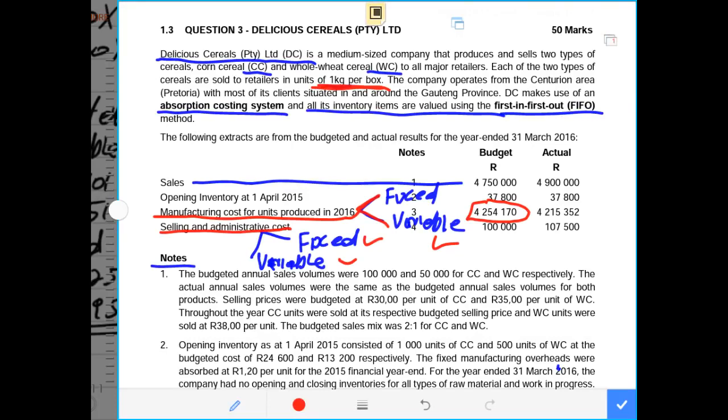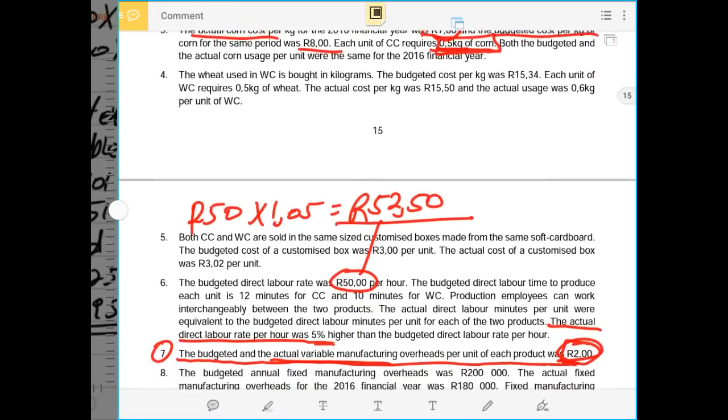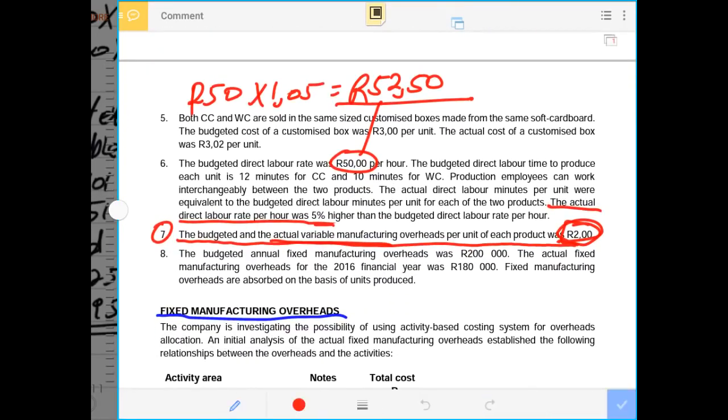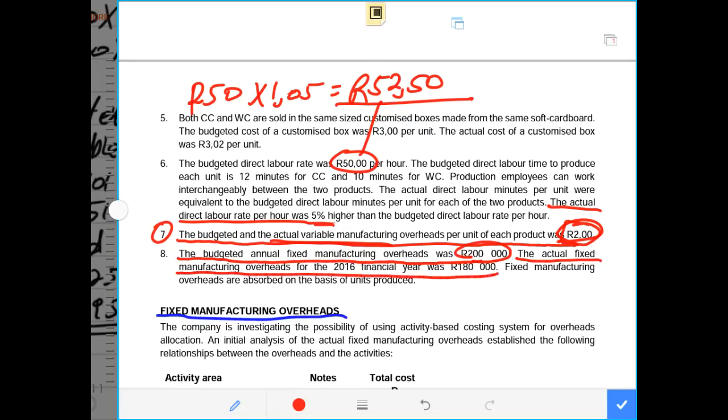So now I proceed to the next step to calculate my next information. I think we ended under number 7. My next info says that the budgeted annual fixed manufacturing overheads is 200,000 rands, and the actual was given to us as 180,000 rands. And the fixed overheads are allocated or absorbed on the basis of units produced.